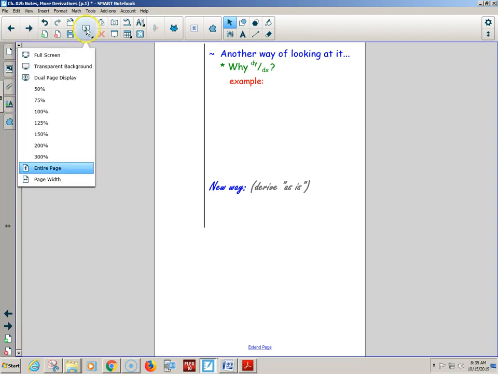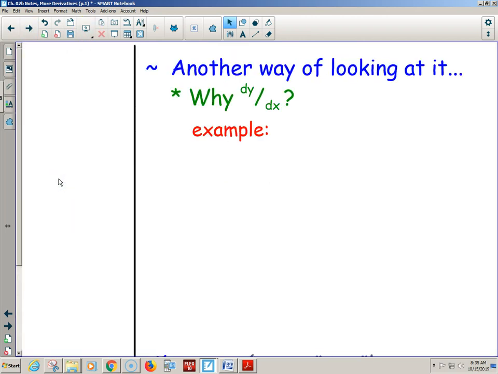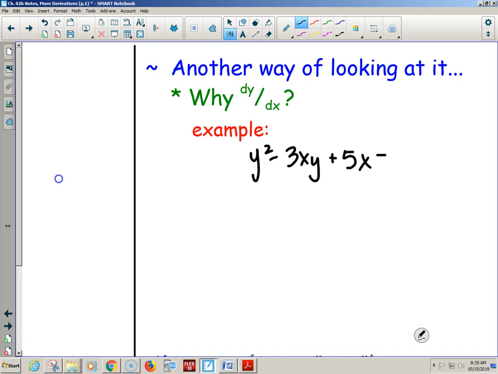So, another way of looking at it, ready? Can you guys give me that exact same function over again? y squared minus 3xy plus 5x. Okay. dy dx means you're taking a derivative.